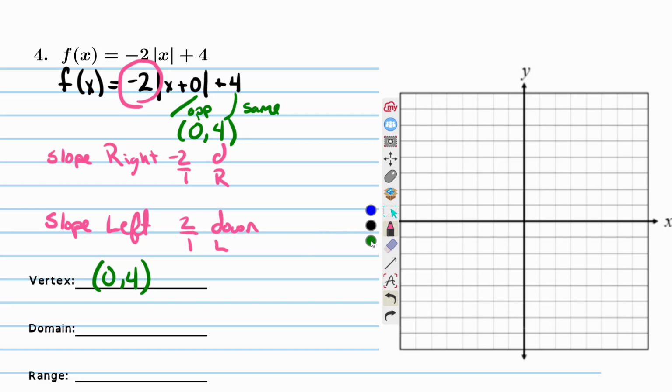So let's plot our vertex first. Our vertex is 0, up 4. Now let's do our slope. And so we're going to go down to right 1, down to right 1, until I run out of graph.